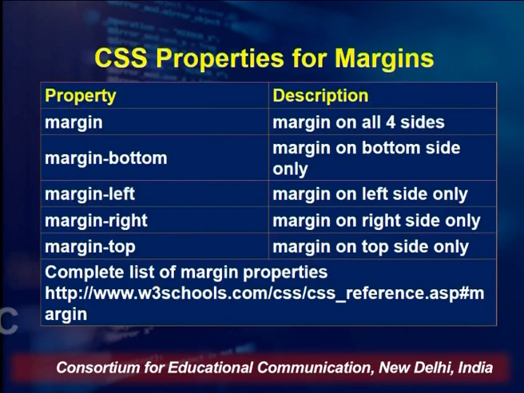In the box model you have content, then you have the padding, then you have the border, and then you have the margin. So again for margin also, like padding, you can have the same margin on all four sides, or you can set the margin differently for different sides. That is, you can have a margin for bottom, you can have a margin for left, right, top separately also.